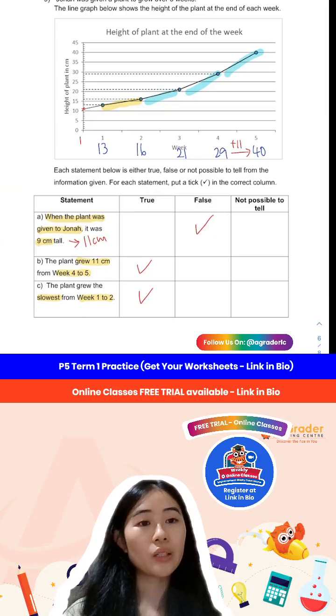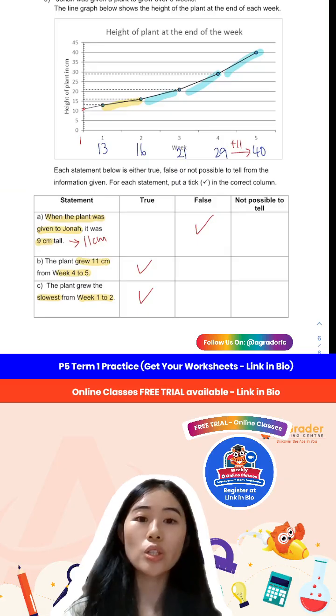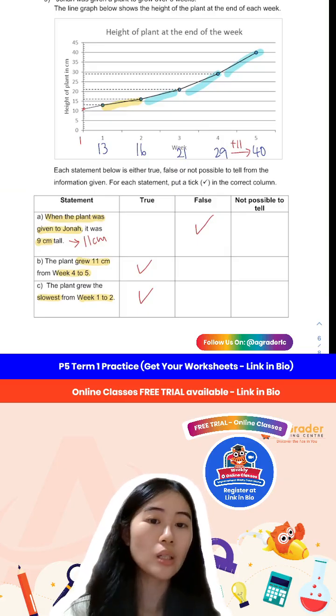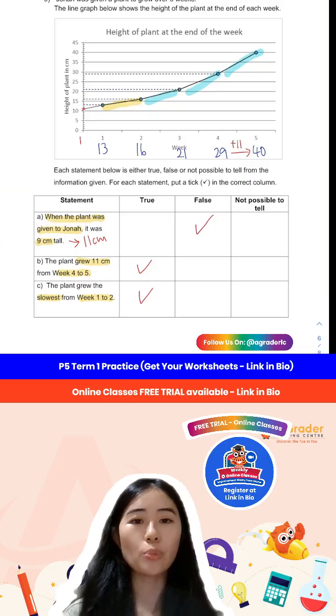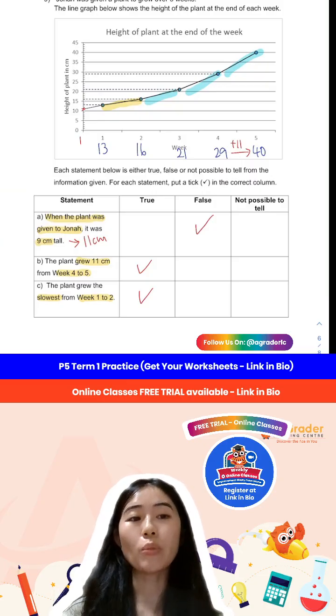User 745, what is the hardest topic in P6 math? I would say circles is quite difficult. Speed is quite difficult also. Circles and speed and those questions that combine many topics. It could be a combination of fractions, ratio, percentage. They put all these topics within this one question, then it will become quite hard.